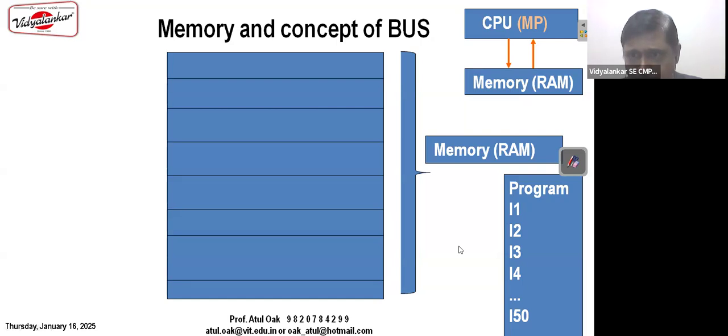Question 1. Can you tell me who runs your program? Answer in the chat box. Which part of the computer runs your program? Whenever you say you executed a program, who executes it? Okay, I can see the answer, that is processor, that is correct.